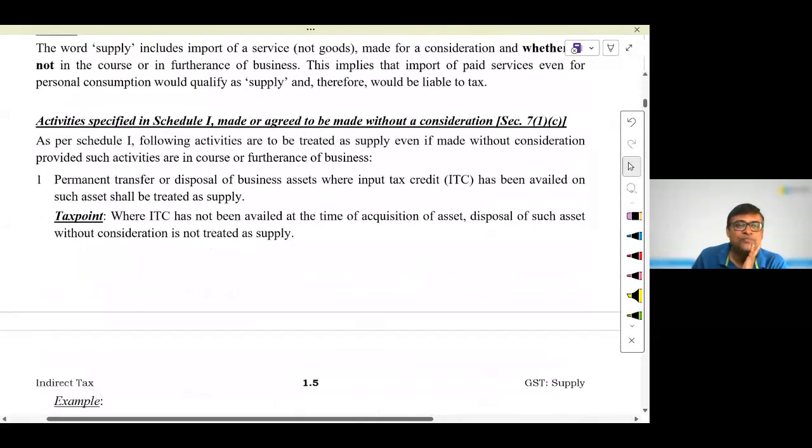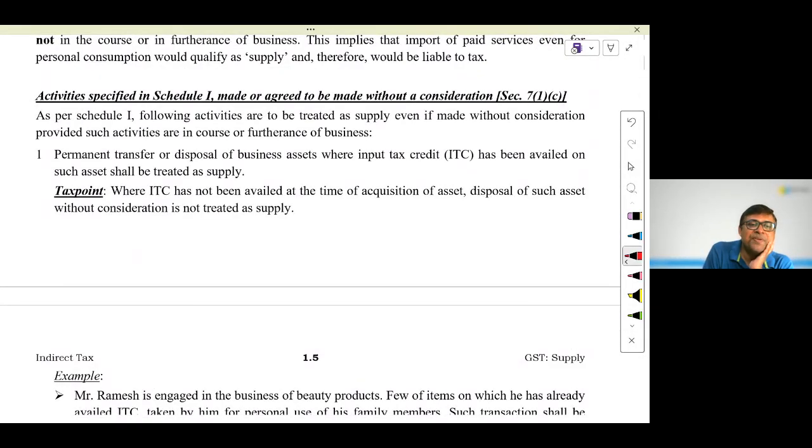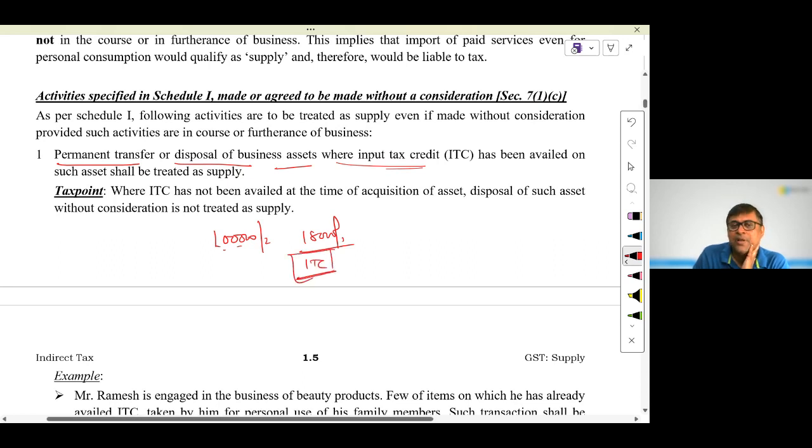Schedule 1, number 1: permanent transfer or disposal of business assets where ITC has been availed at the time of acquisition of these assets. Suppose you acquired a laptop worth rupees 1 lakh. On this laptop, you paid 18,000 as GST and took the ITC of this 18,000. Now, after a couple of years, you are donating this laptop to a charitable trust or giving it to someone else free of cost.